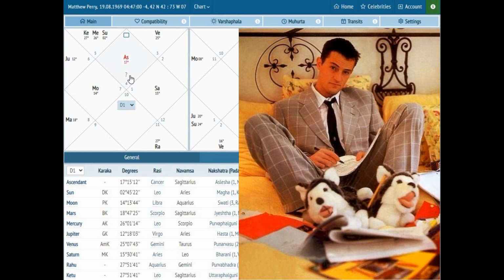But I would say that the Moon is in charge of the zodiac sign Cancer, and it means that this person can be very emotional and be a very good psychologist.